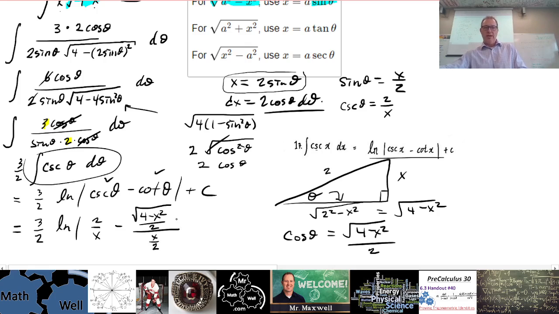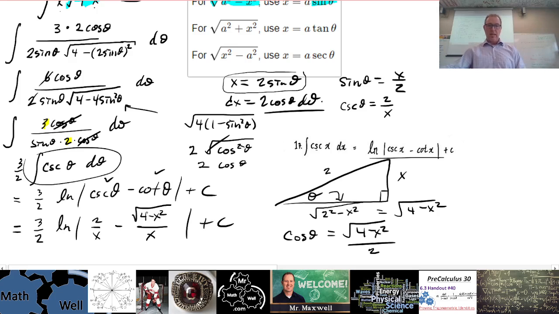And that simplifies, they're both over 2. So when you flip and multiply, it's a 2 on top and a 2 on the bottom, so they just cancel each other out. So really, I'm going to do another round of simplification just right here by erasing. That is root 4 minus x squared over x. And then you want to add your plus k there.